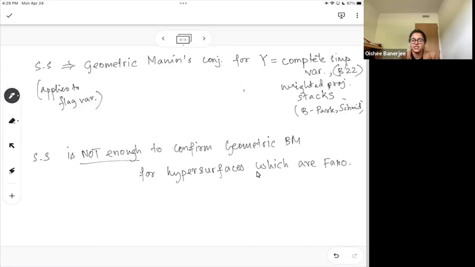So to answer your question, not all Fano varieties are confirmed by the spectral sequence. Absolutely not, because it involves knowing the cohomology of those particular varieties and the mapping spaces.